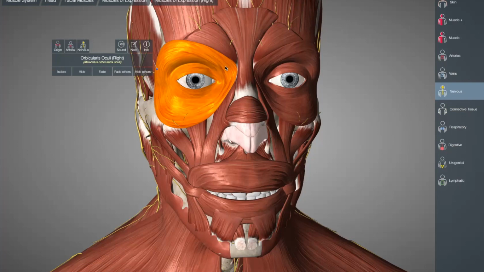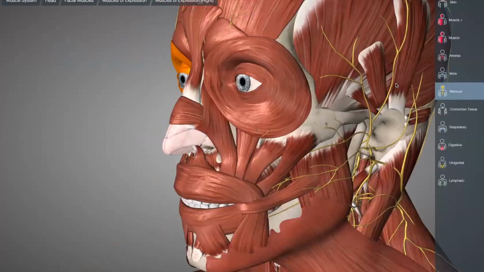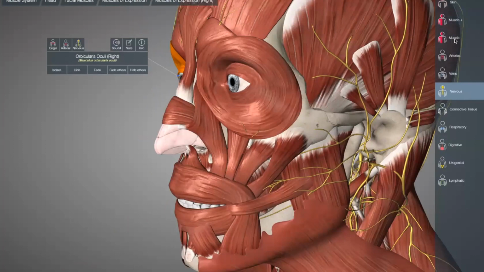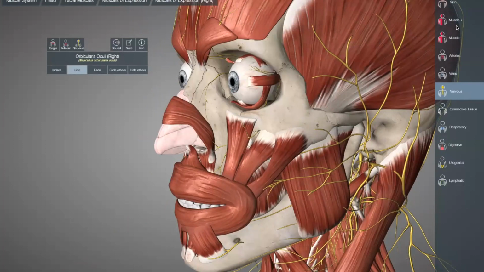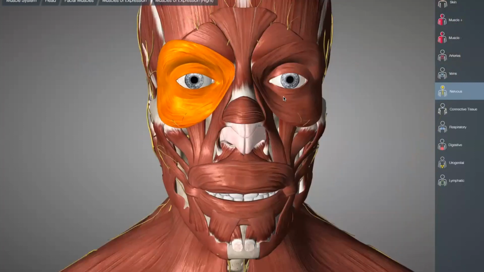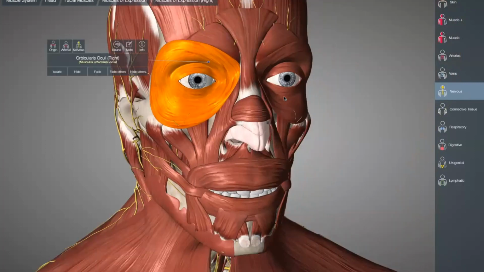What is the orbicularis oculi innervated by? It's innervated by the temporal and zygomatic branches of the facial nerve. So the orbital part is used to squeeze the eye and close it tightly.